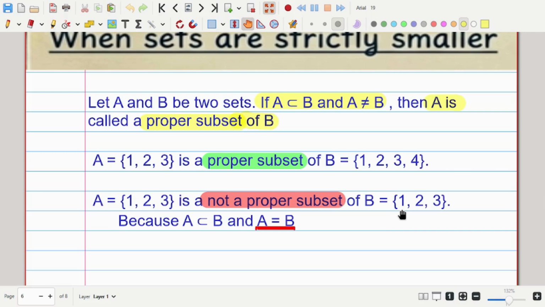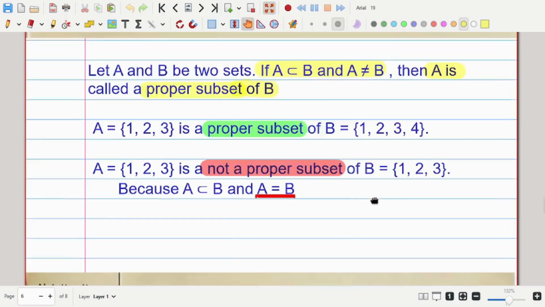Yes, 1 is present. Is 2 present in B? Yes, it is present. Is 3 present in B? Yes, 3 is present. Therefore, A is a subset of B. Now check the second condition. Is A not equal to B? No, here A is exactly equal to B. Therefore, it is not a proper subset.